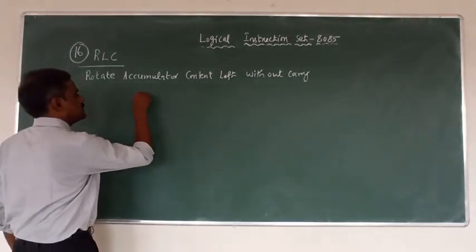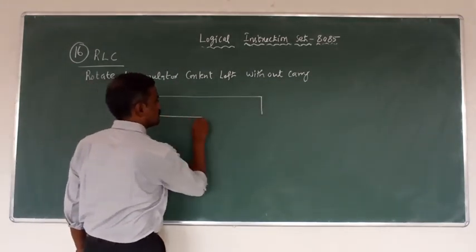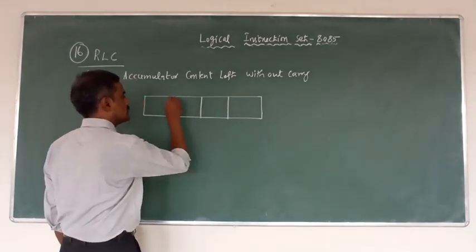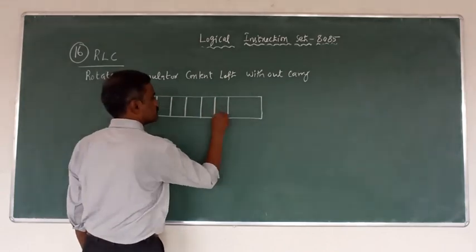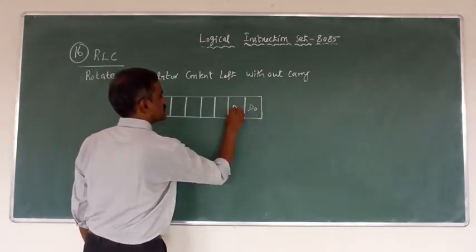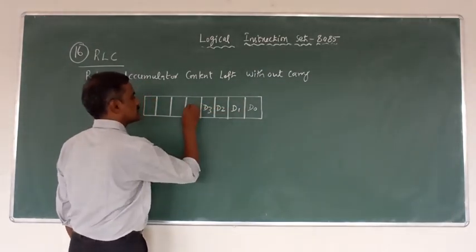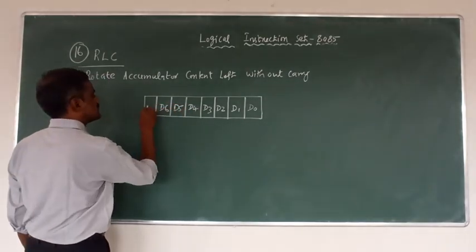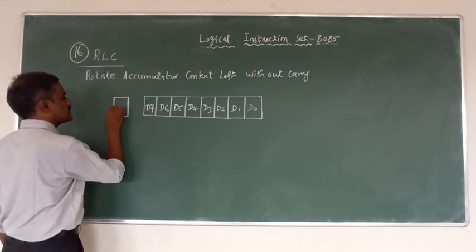The format: this is for D0, D1, D2, D3, D4, D5, D6 and D7, and this is for carry.